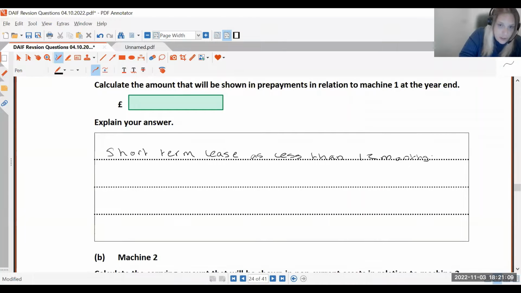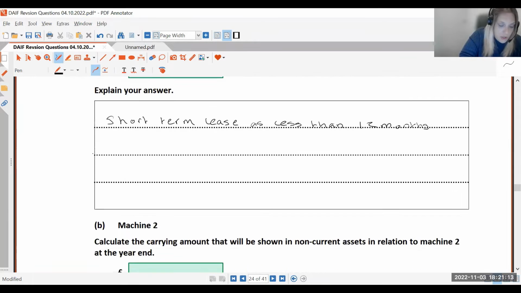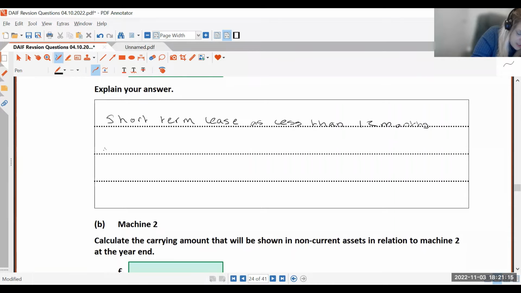Okay, so if it's a short-term lease, what do we know? We know that it will not be capitalised. It will be expensed.